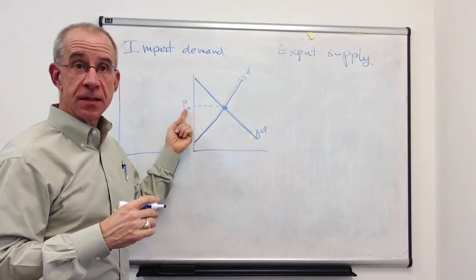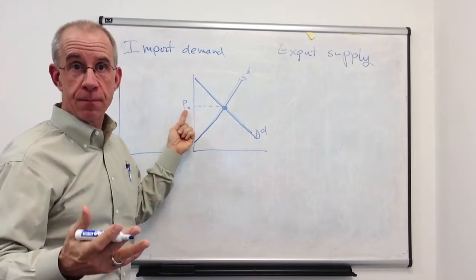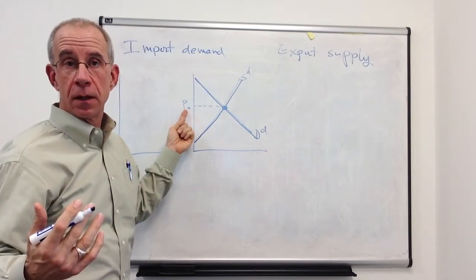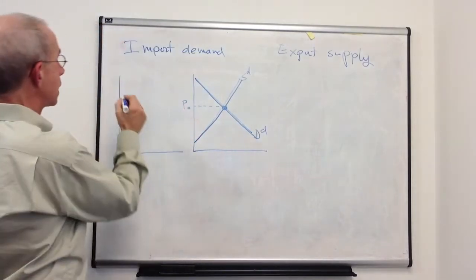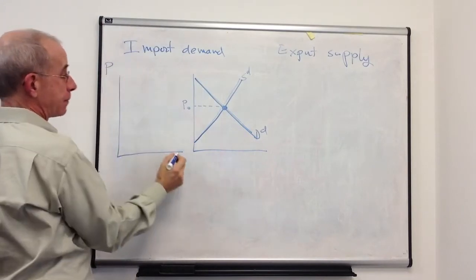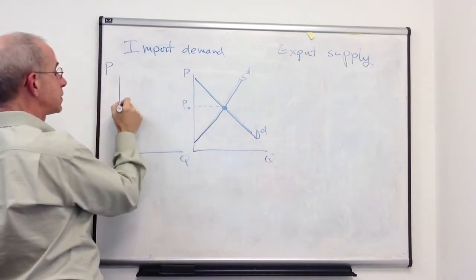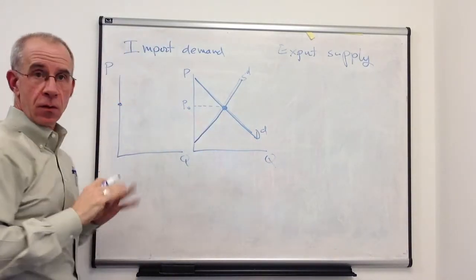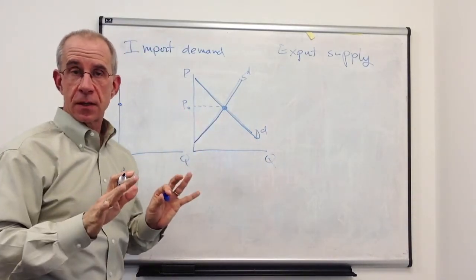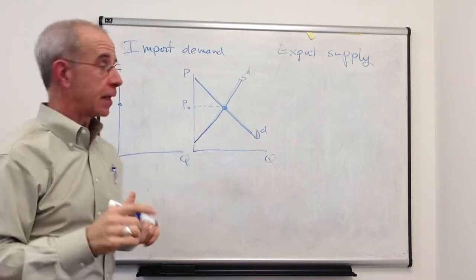So at price P0, there are no imports demanded from this country. So if I look over here on the import demand schedule, at price P0, there are no imports that the country wants to bring in.